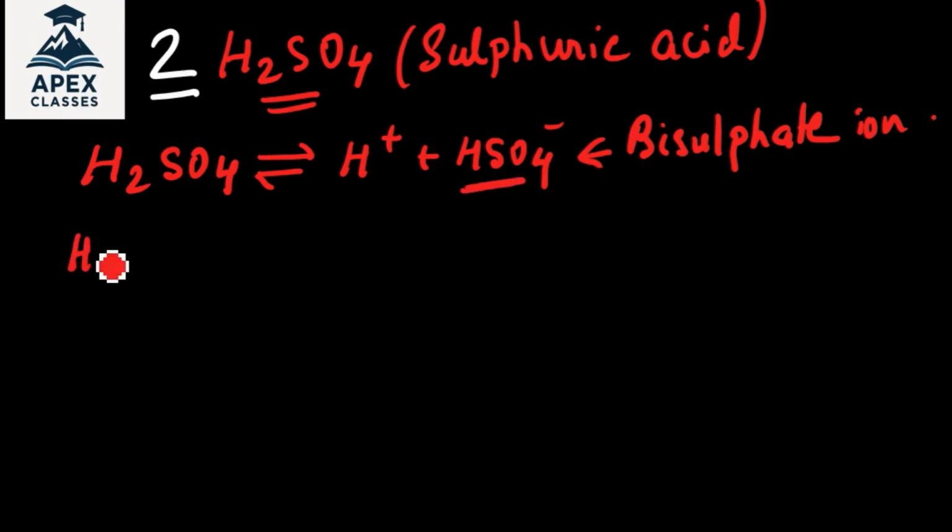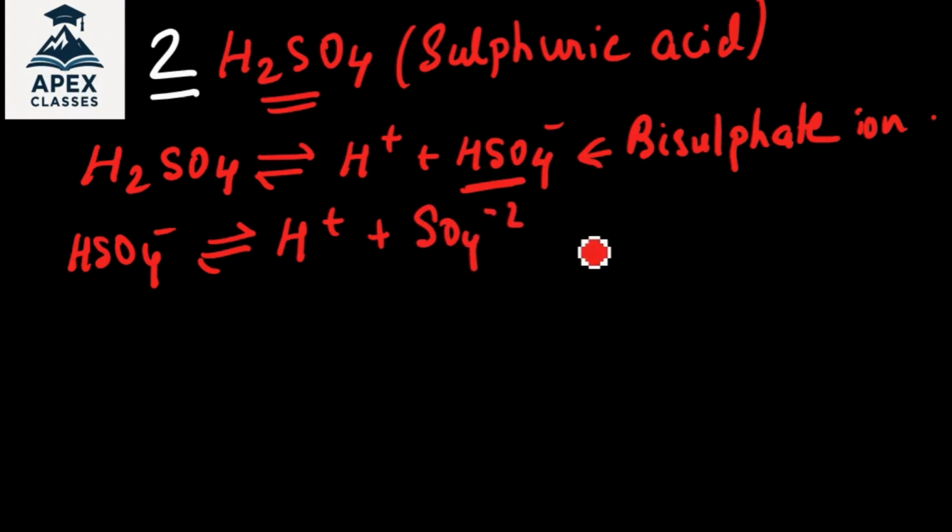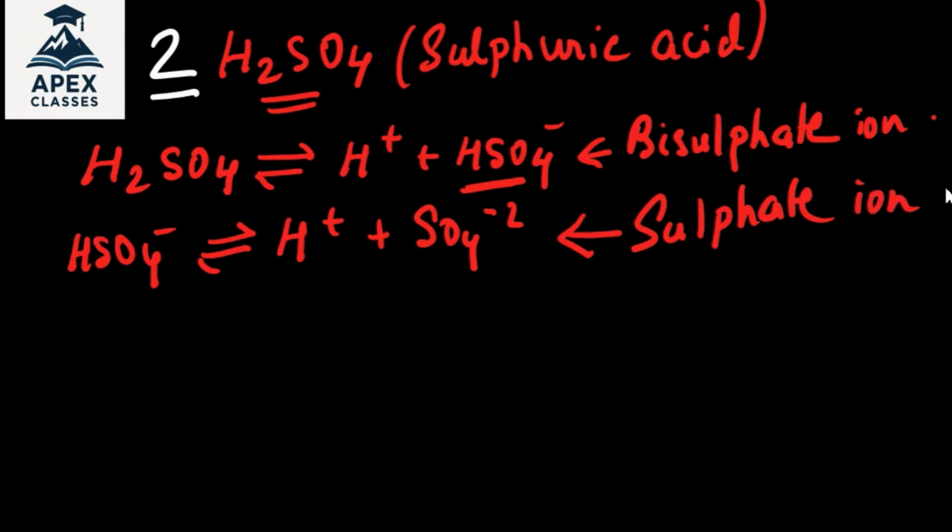HSO4 minus will again split up and form H plus and SO4 minus 2. This is our sulfate ion. Clear? That's how we get the bisulfate and sulfate ion.